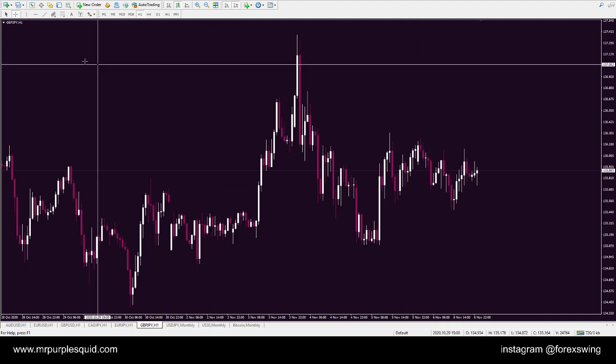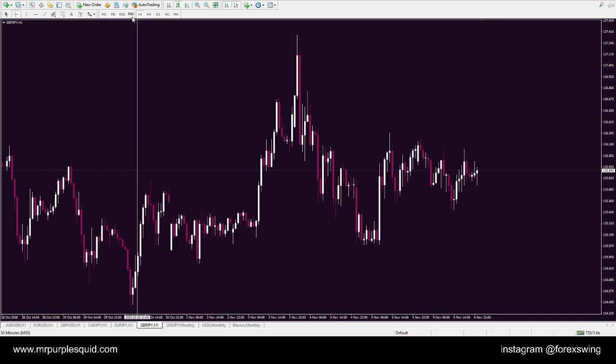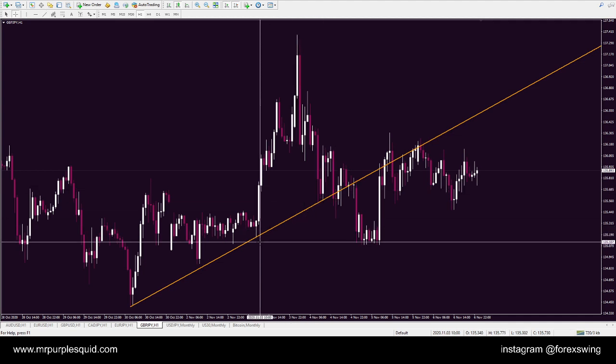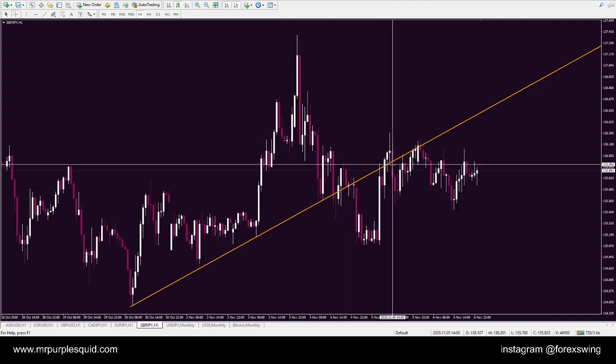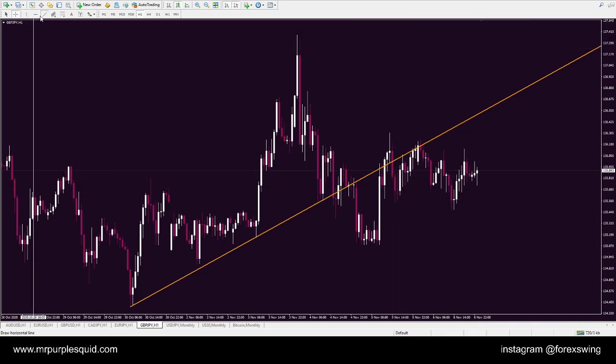H1. Very interesting. So could put this bullish trend line. Price broke the bullish trend line and has formed a bearish trend line.